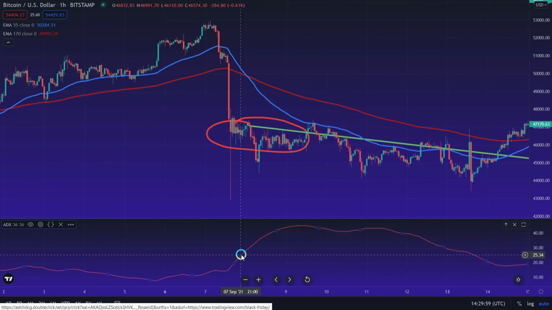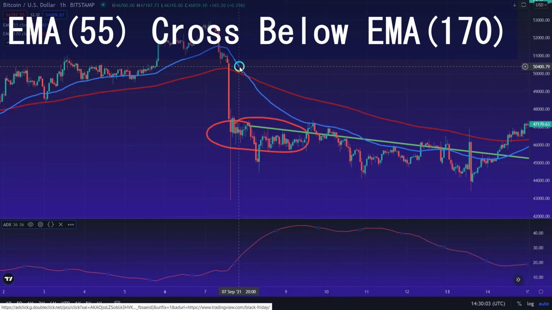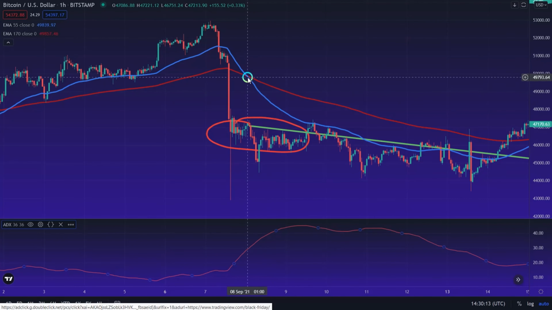Now our rules are really simple. Basically, when the blue line crosses below the red line, so the smaller EMA crosses below the bigger EMA, then our first condition is good.